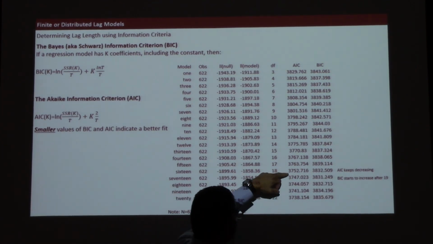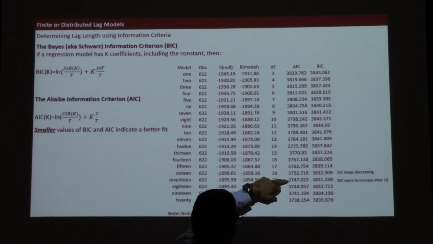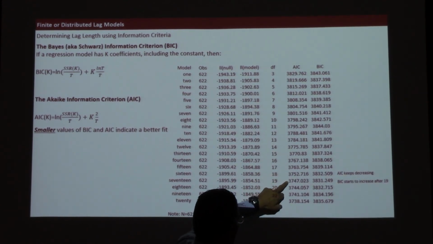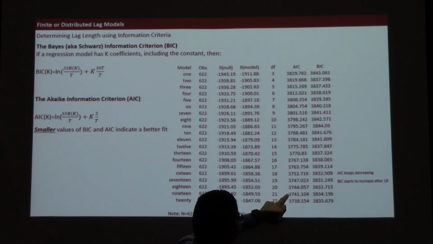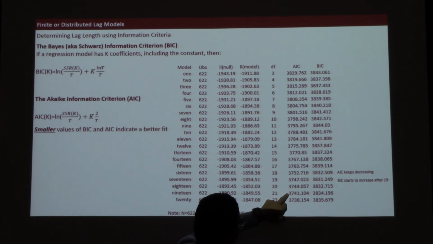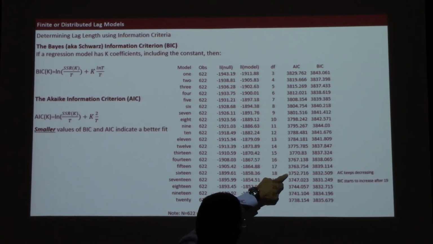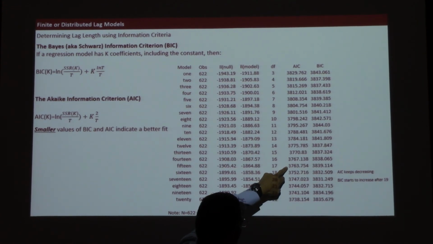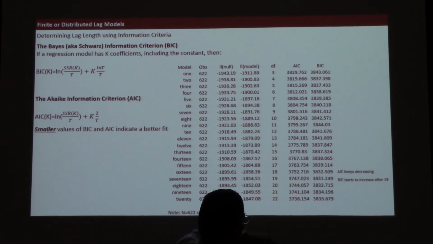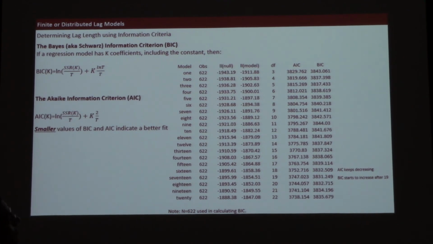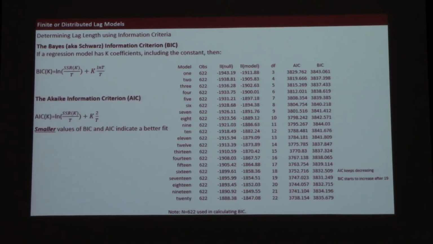So here's the Bayesian. 52, then it goes to 47, then it goes to 37, 44, and 41. Is that right? So it's an increase. Is that right? Yeah, see it's increasing. Yeah, I'm sorry, that's right.